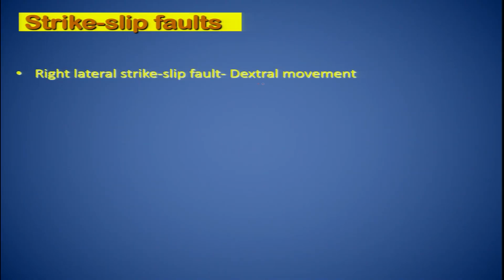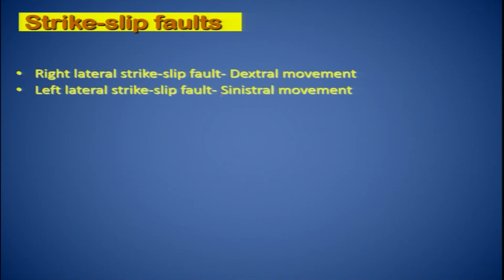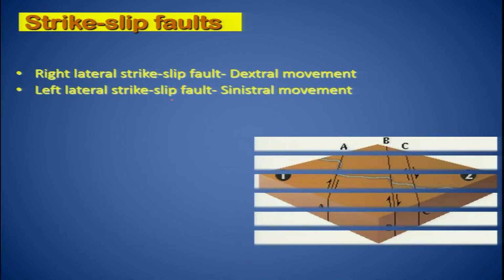So, as we have been discussing right lateral and left lateral, this slide will make things a bit clear about the sense of movement, what we classify as right lateral and left lateral. Right lateral strike slip faults are termed dextral slip faults, or they show dextral movement, and sinistral is for the left lateral strike slip faults.